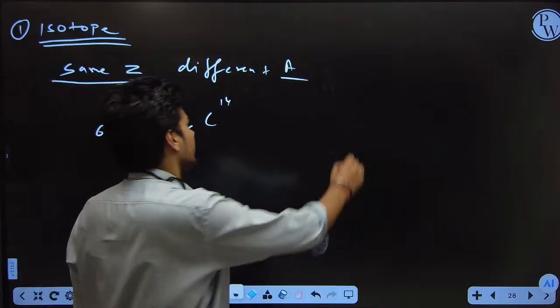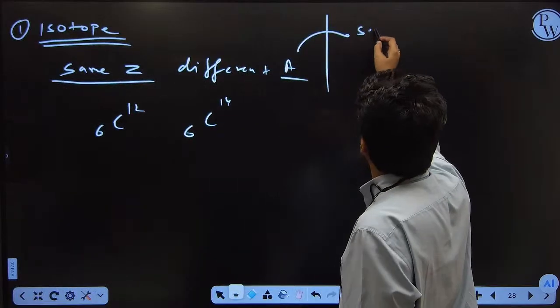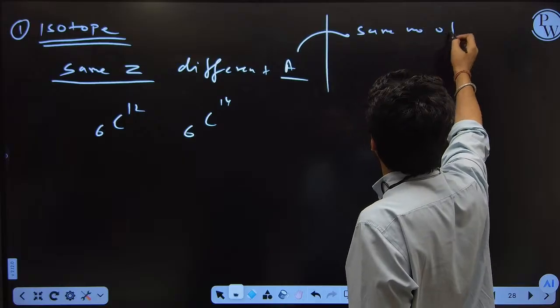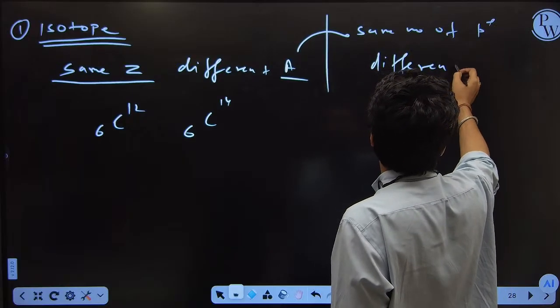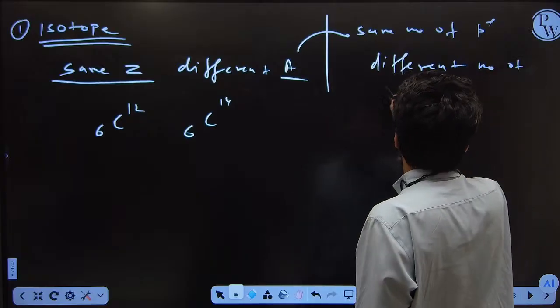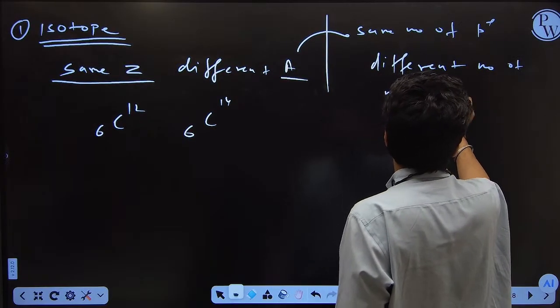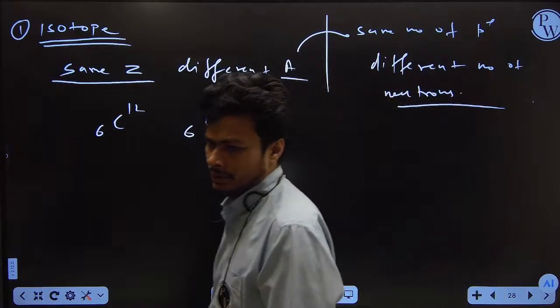Okay, what is another way to say this? Same number of what? Protons, different number of neutrons. Clear.